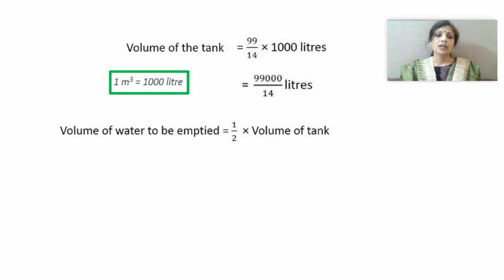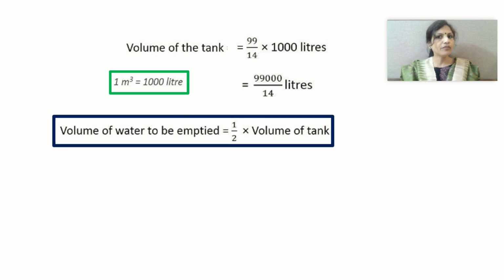But what we have to empty is half of the tank. So the volume of water to be emptied is equal to half into the volume of the tank. Let's substitute the values. We have 1/2, and the volume of the tank we have just calculated is 99,000/14 liters.